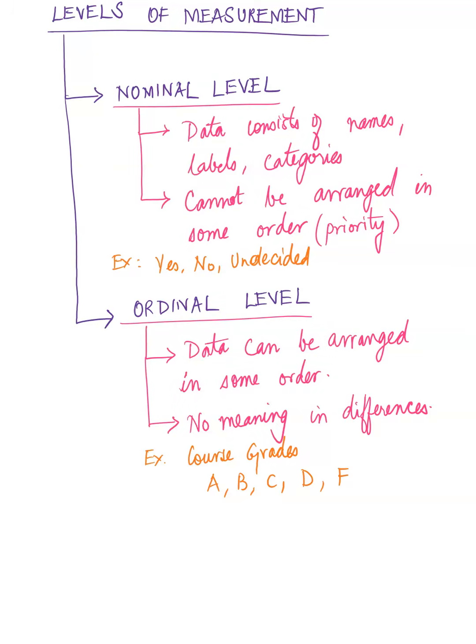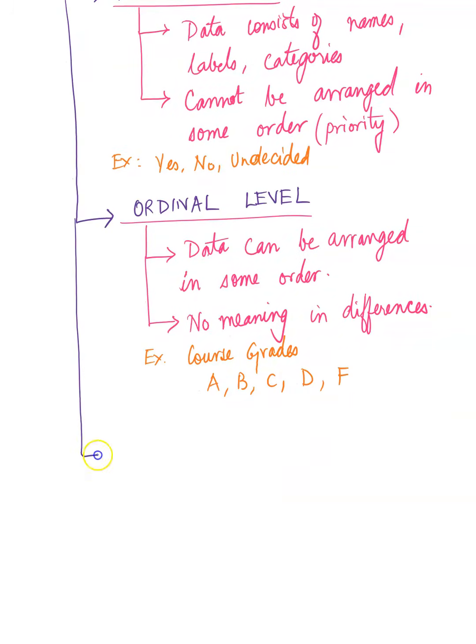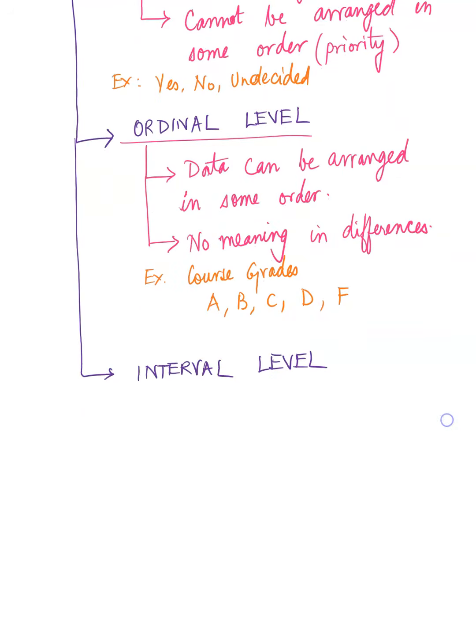Let's move to interval level. And here, your data can be arranged in order. Differences are going to be meaningful, but we don't have a natural starting point. It's an interval, wherein we don't have a natural starting point. There's no quantity that was present in the beginning. Let me explain that here. First, let me write this information here. Okay.